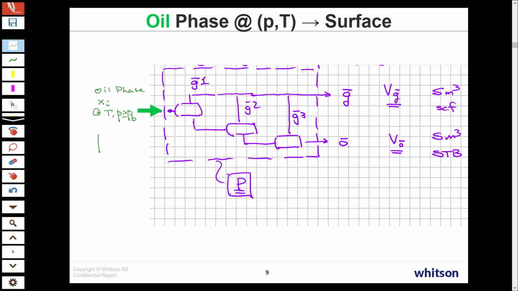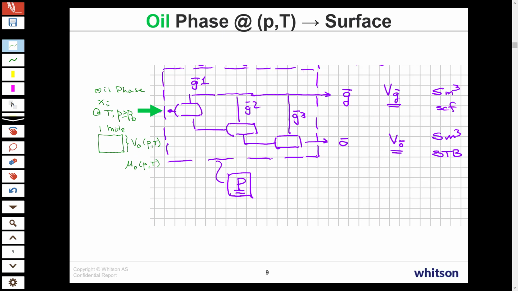And again, let's say that we assume just as an arbitrary basis that we've got 1 mole of this oil. We'll know its volume from either measurement or calculation, volume of oil at the pressure and temperature. And we'll know its viscosity, which will be dependent on pressure, and temperature is fixed.